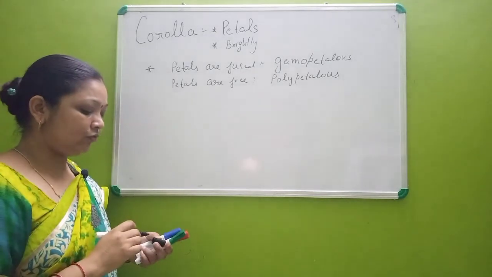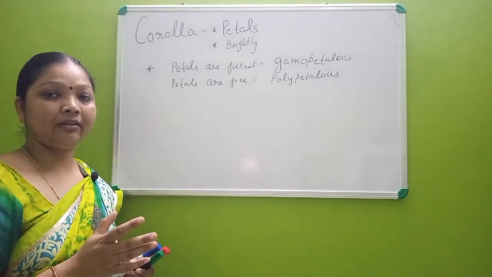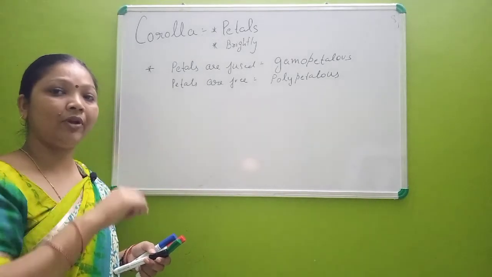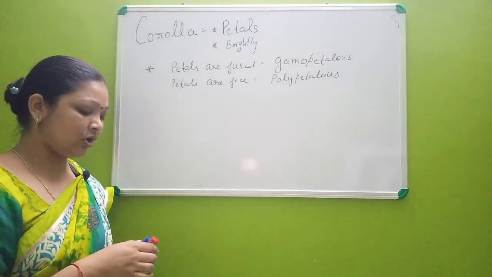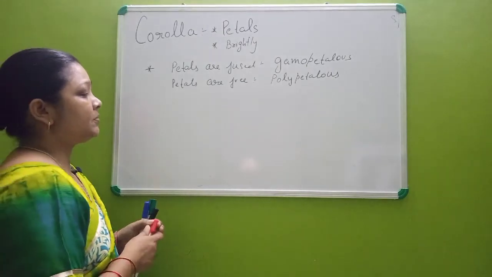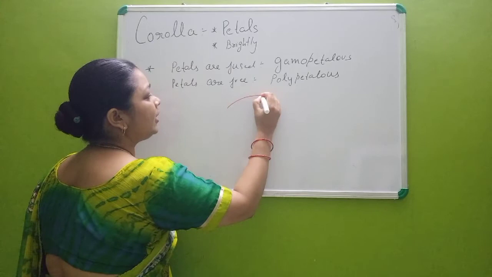Now I have told you that in a floral diagram the calyx is represented by a pointed structure. If we talk about the corolla, it is represented like this.